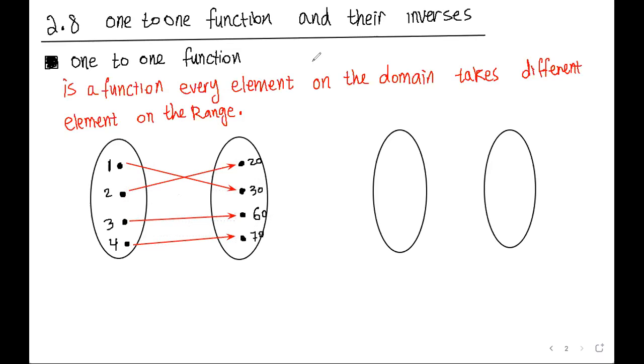And for the second one, suppose I have 1, 2, 3, 4, and here I have 10, 20, 30.